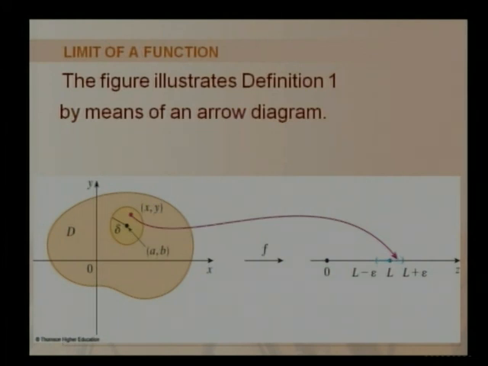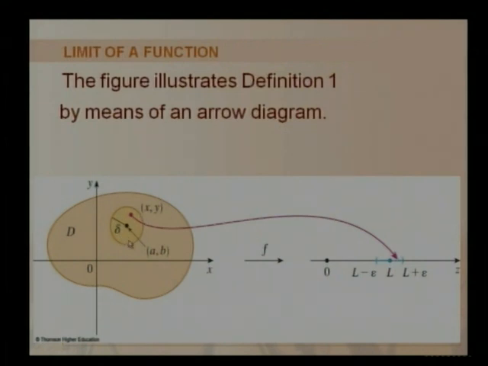Graphically we can see that here, considering (a,b) as the center of the circle and delta as the radius of this circle, if point (x,y) is inside the circle, then the distance between (x,y) and (a,b) will always be less than delta.